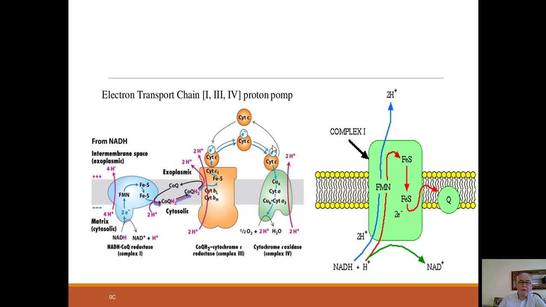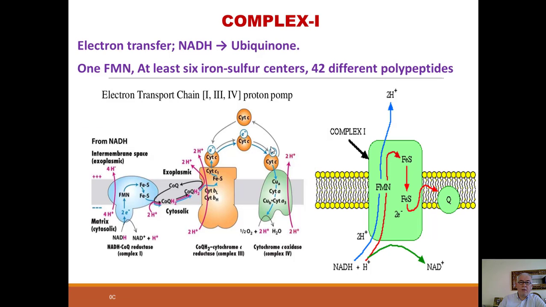And when we look at first, complex 1 is named NADH dehydrogenase enzyme system. The enzyme is a very huge protein complex, and it has 42 different polypeptides and at least 6 iron sulfur centers and 1 FMN molecule. And it is responsible for electron transfer from NADH electrons to ubiquinone.